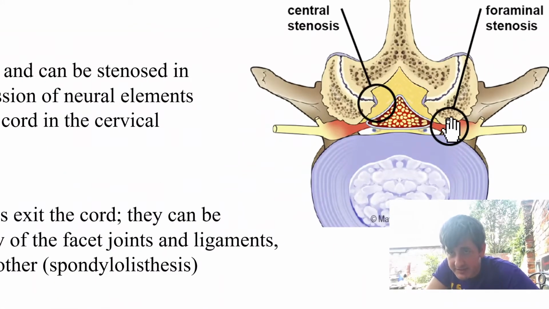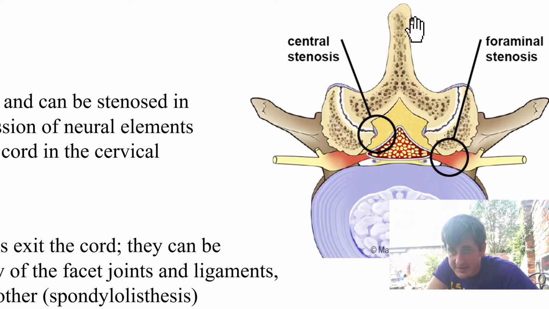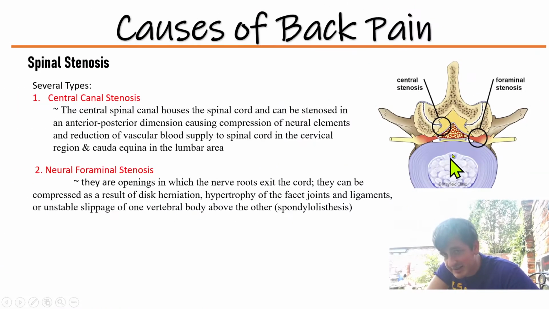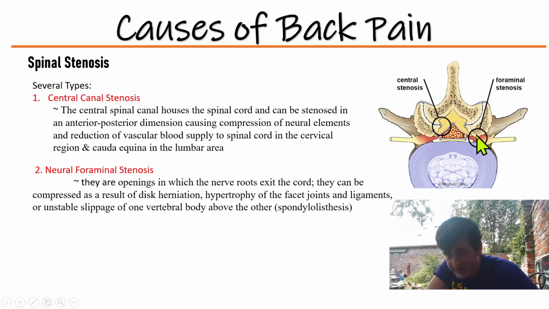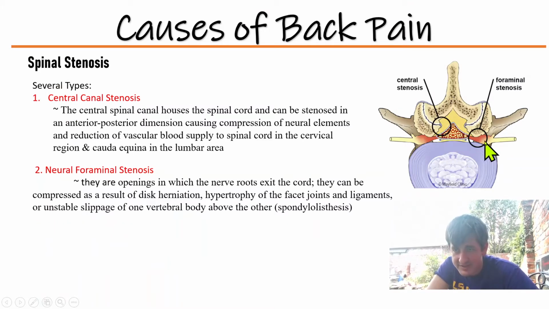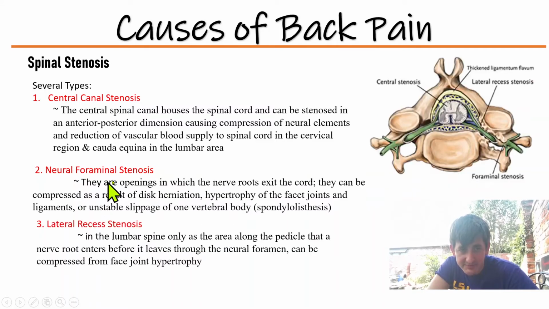If you have slippage anteriorly, this can kind of fall down and hit that. I showed it in lecture 2, so go back and check that out. It was a good illustration of how this nerve root can get compressed.